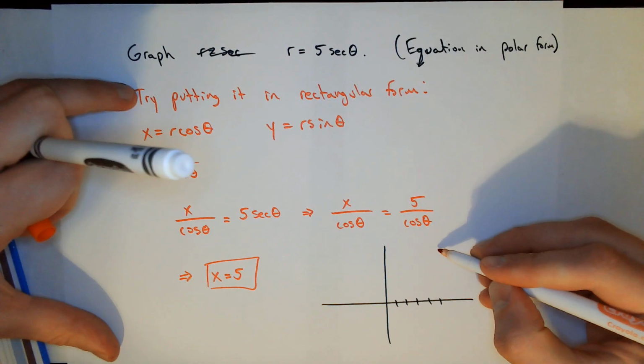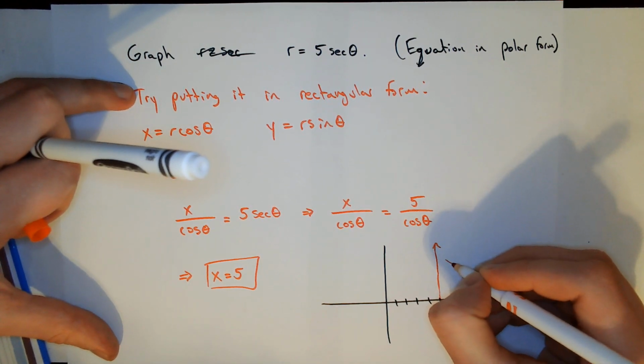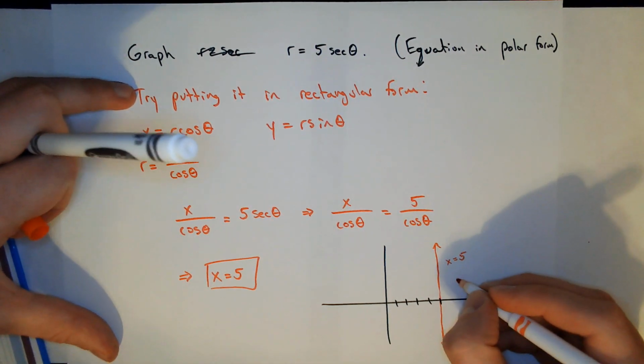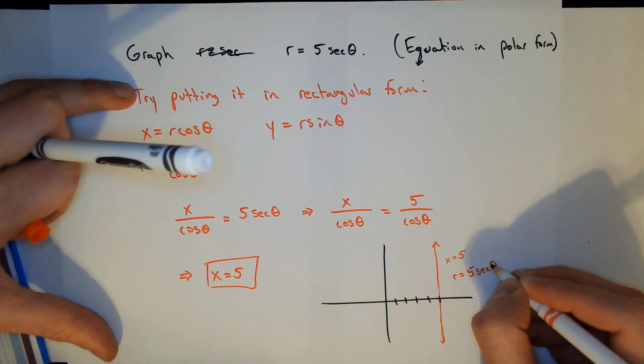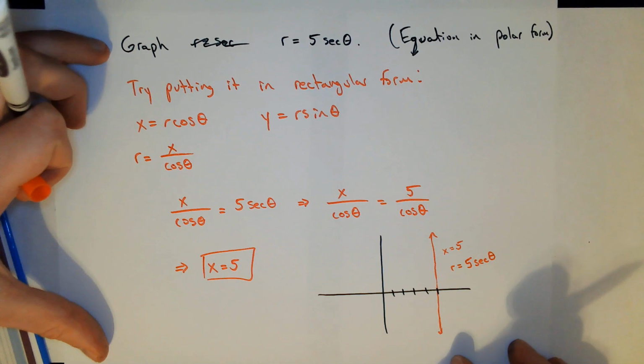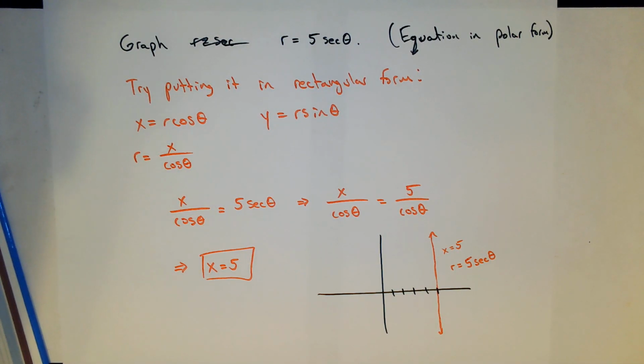That's just a vertical line at x equals 5. But it's also r equals 5 secant theta. Though that is much harder to think about than the equation in rectangular form.